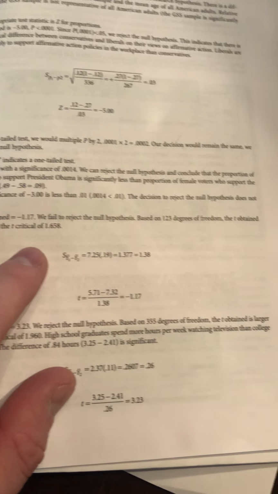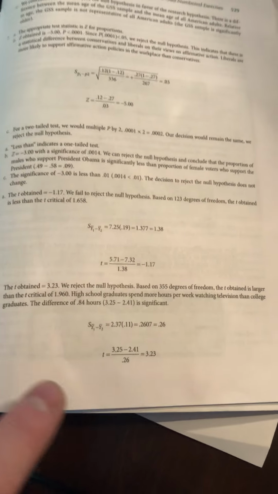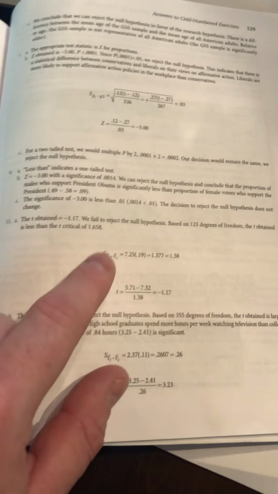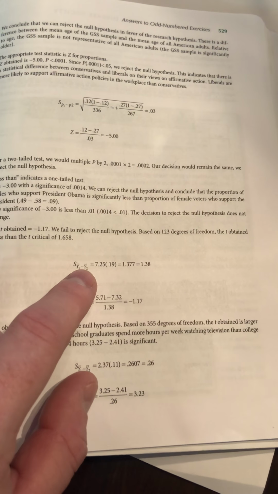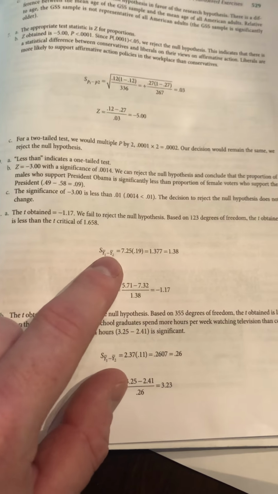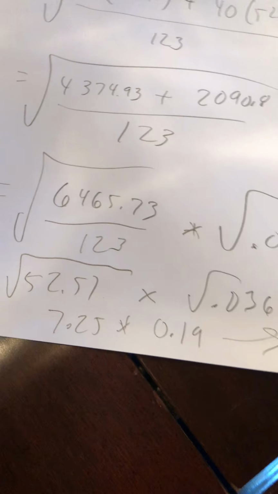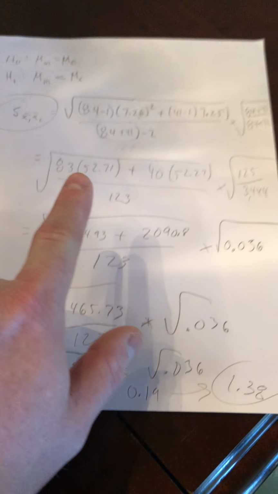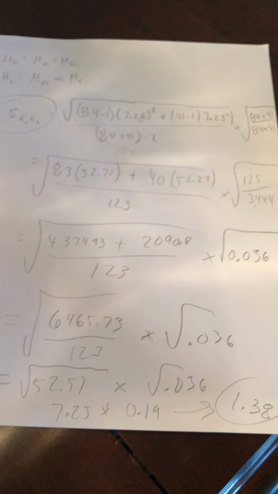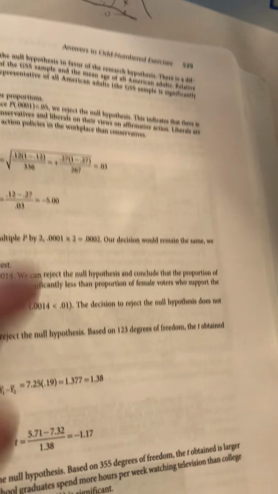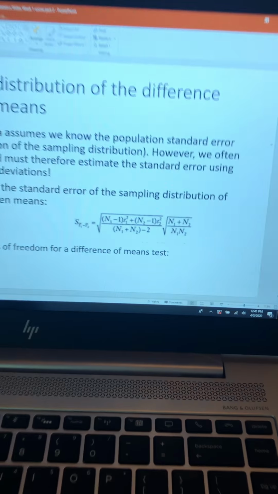They make it look really easy, mostly because they skirted this a lot. They didn't show all the steps. All they showed was the 7.25 times 0.19, which was the last step here. They didn't show all the math to get there. That's why I wanted to work this one out, because in the back of the book, it's like, where did these numbers come from? Well, you had to derive them from this equation right here.